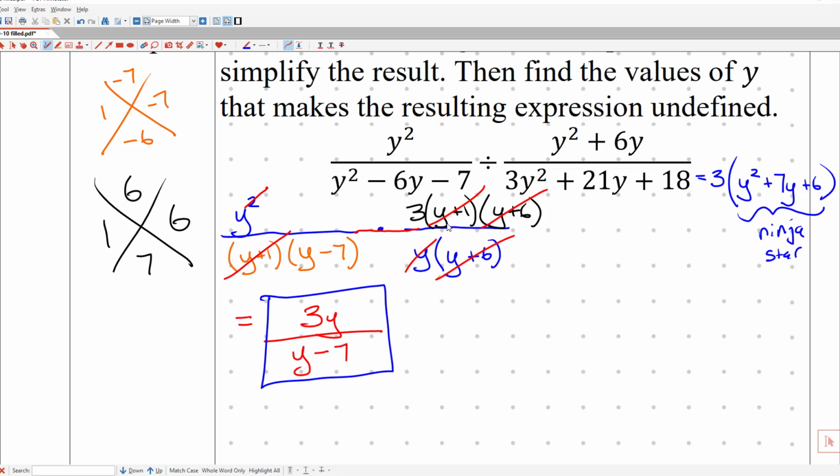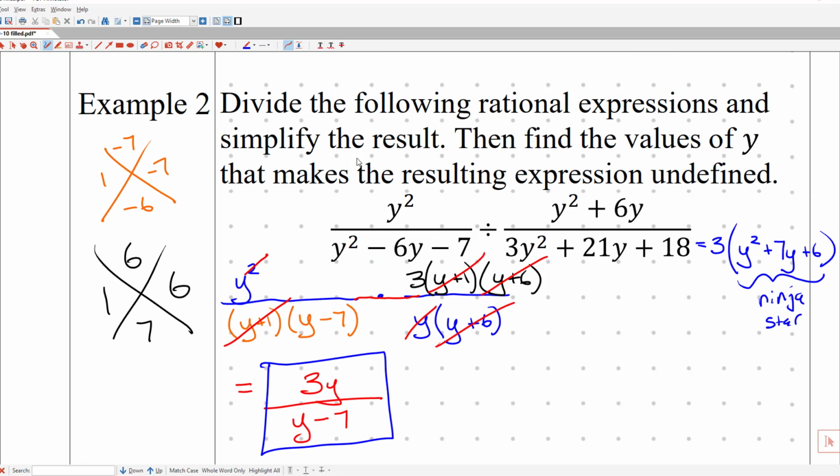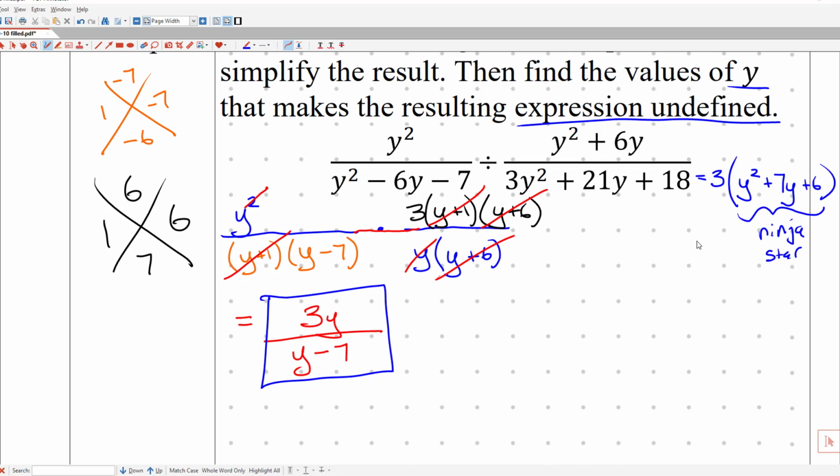That's the first part. It's asking us to simplify the result, and we did. The second part of the question says to find the values of y that make the expression undefined. So I'm going to set that denominator equal to 0.